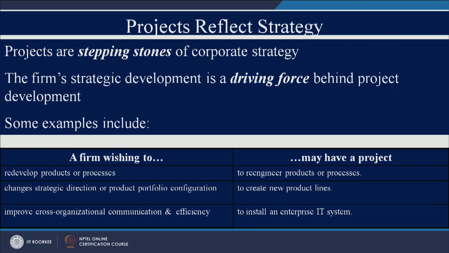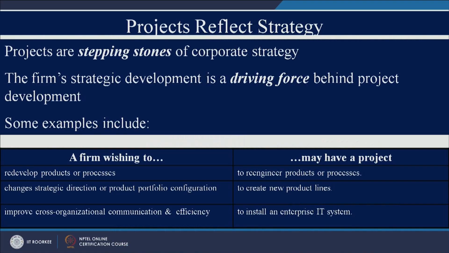Let us say if a firm wants to reduce wastages, then what kind of project should it take? It should take up projects of, let us say, how to reduce work in process inventory, how to reduce finished goods inventory, how to reduce manufacturing time in an assembly line and so on.